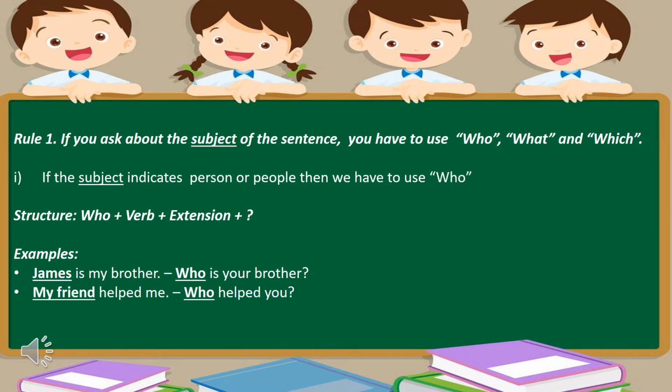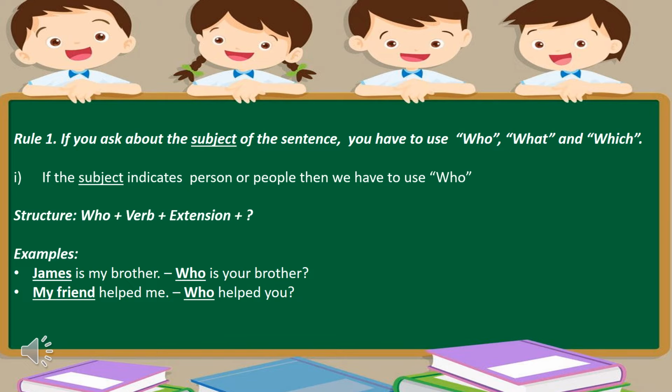The second example is my friend helped me. Here the subject is my friend and it is also highlighted, and my friend indicates a person, so obviously we have to put who at first, then the verb helped, and then you.